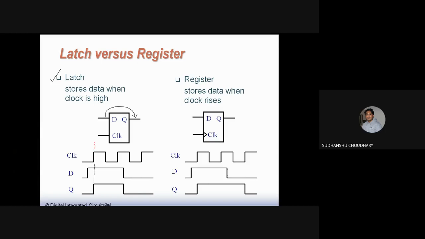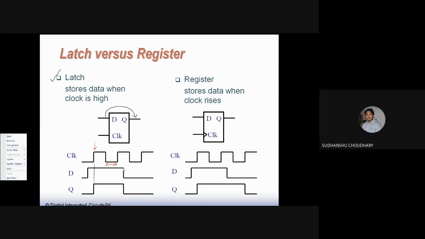Q is now held high at this point. When the clock is positive, D is copied to Q, so Q is also high now. Now when the clock is negative, during this region, nothing happens to my output. So the output is still what the previous output was, still high.